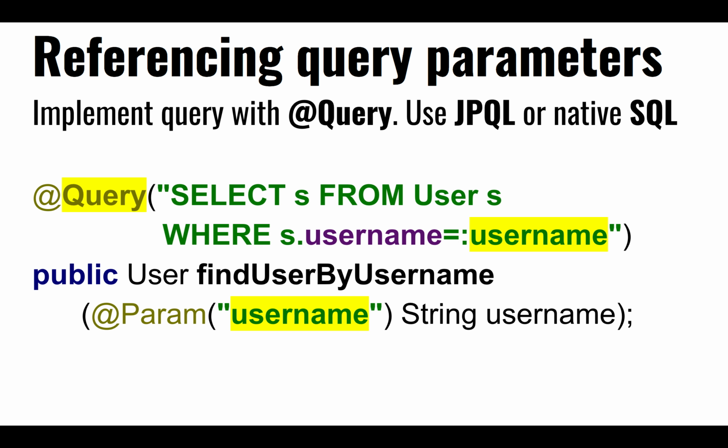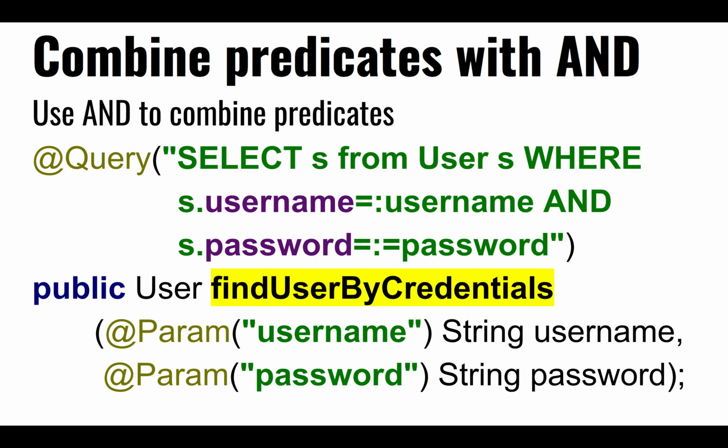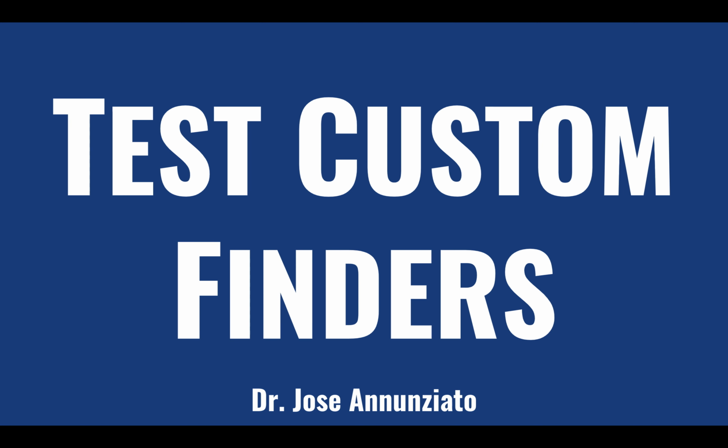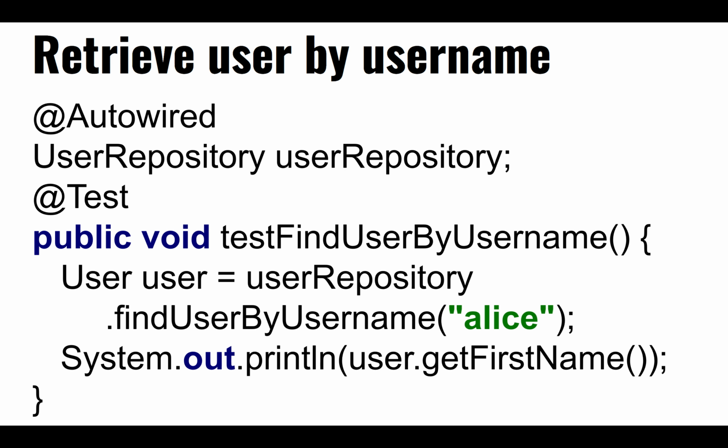JPA supports both, whether you want to use JPQL or the low-level native version. We played around with find user by username and by other predicates.